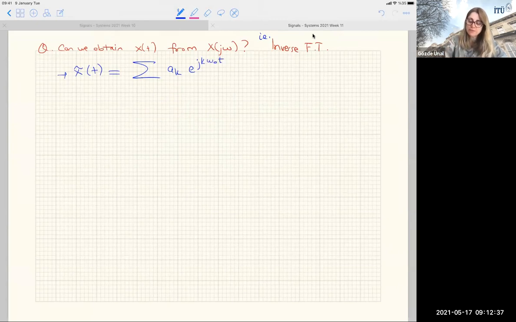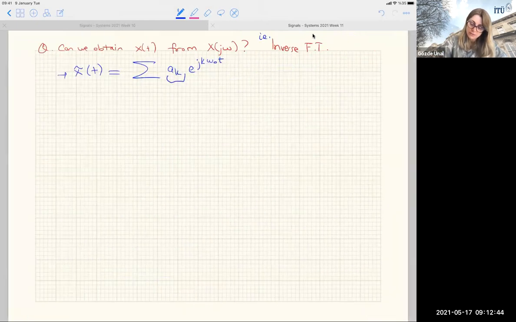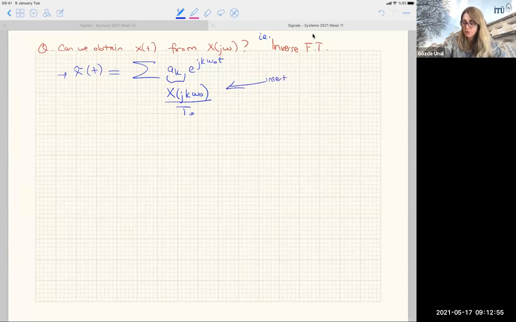Now I'm going to insert the Fourier transform here, which is this X of j k omega 0 over T0. So insert what we've just found, what we've just calculated on the previous page, okay?